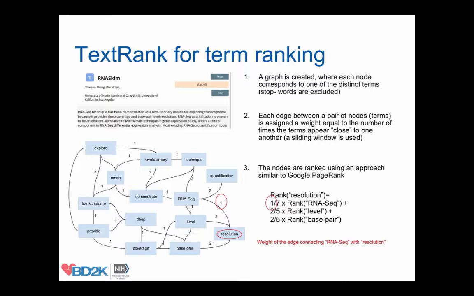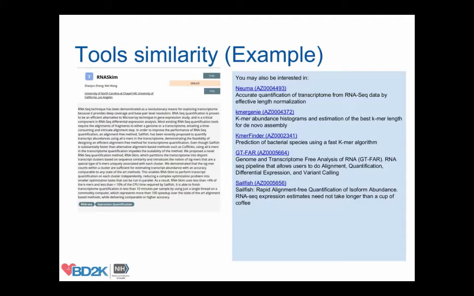Here, RNA-6 has one connection with resolution, and resolution has one connection with RNA-6, and then maybe counted twice with level, and twice with base pairs, and those are normalized by the total count of those relevant terms. We do this iteratively until the algorithm converges, after the importance, which means the rank, of each term is determined. This can be generalized to sentences and also to the level of the document.